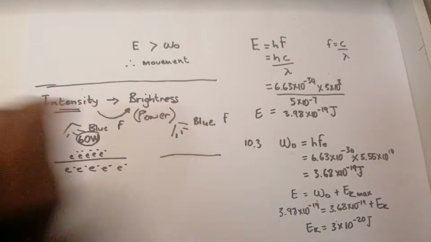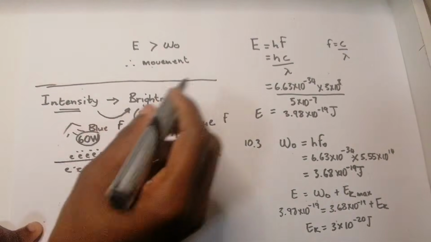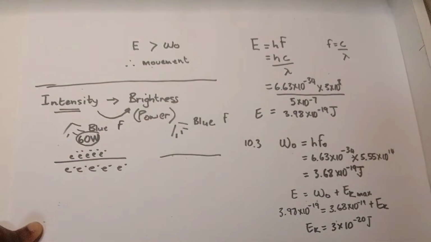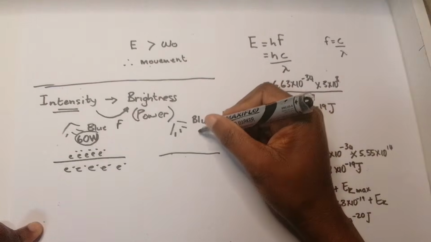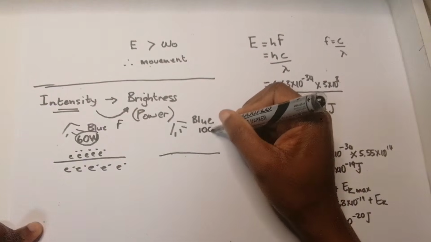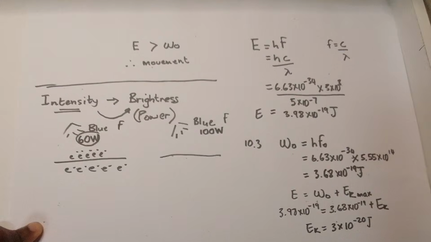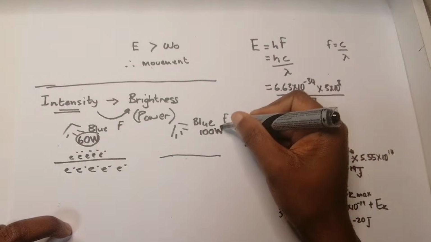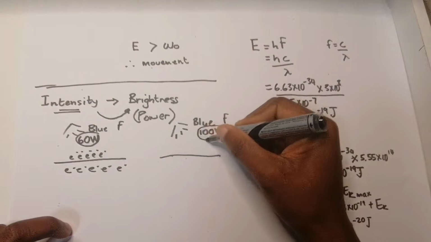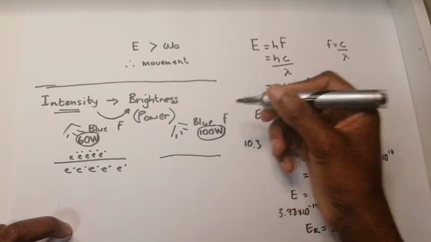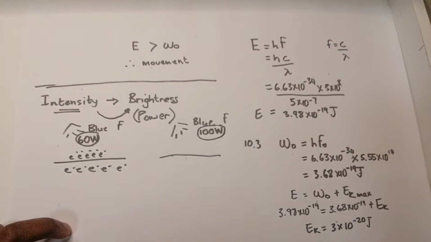So the frequency of this light here and the frequency of that light have not changed. But let's say I use a 100-watt bulb. So here I'm using a 100-watt bulb, but it's still blue light. How will it affect the irradiated or rather the emitted electrons?